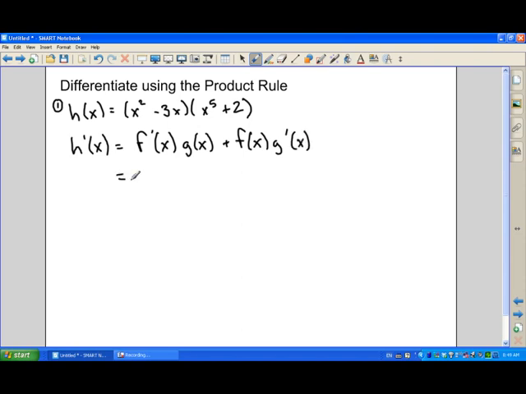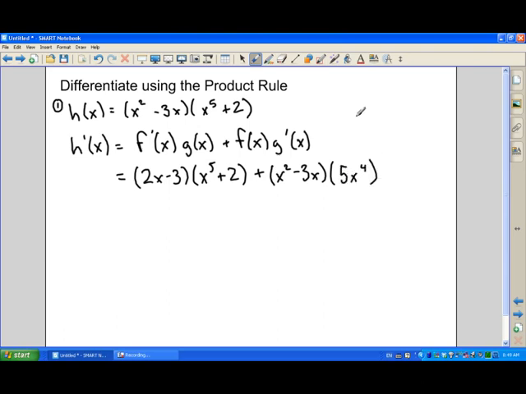So in this case, the derivative of the first term would be 2x minus 3. The second term is x to the 5th plus 2. And to that I'm going to add x squared minus 3x times the derivative of the second term, which is 5x to the power of 4.